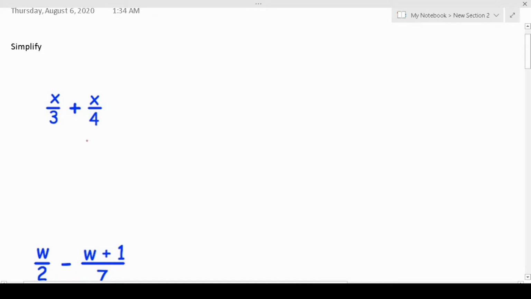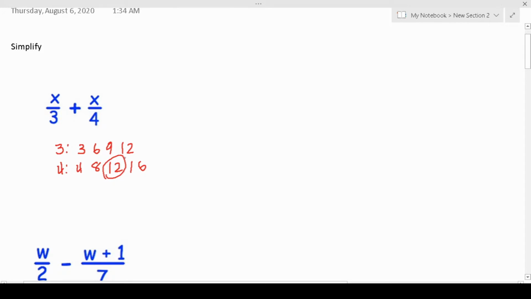One way to find a common denominator is to list out multiples of each of the denominators. So for 3, the multiples of 3 are 3, 6, 9, 12, and so on. And as far as multiples of 4 go, they are 4, 8, 12, and 16.